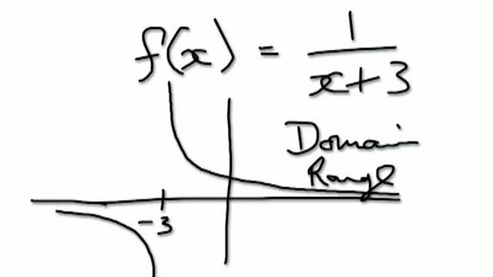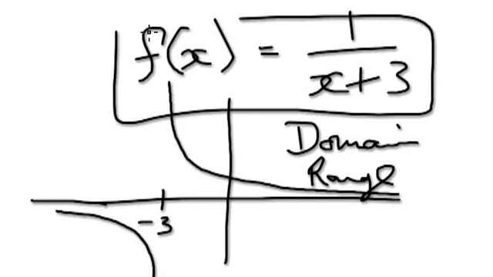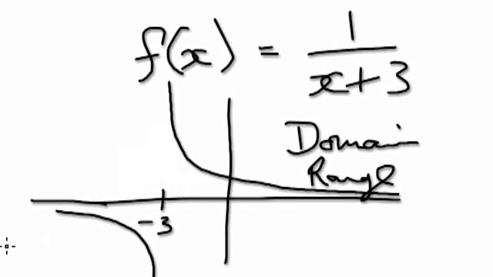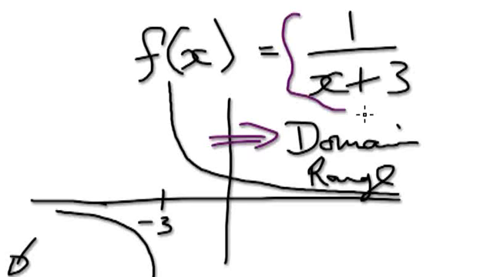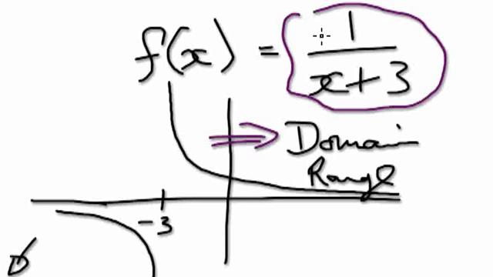Okay, so now press pause and have a go. What is the range of this function, and what is the domain of this function? Press pause and have a go. Okay, so to do this, remember, the domain is what you can put into this function without it breaking down.